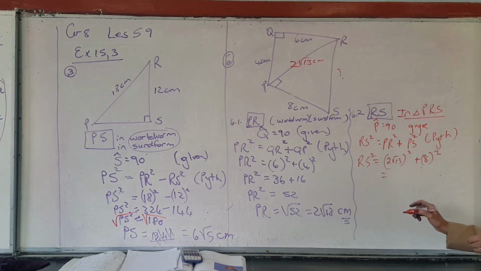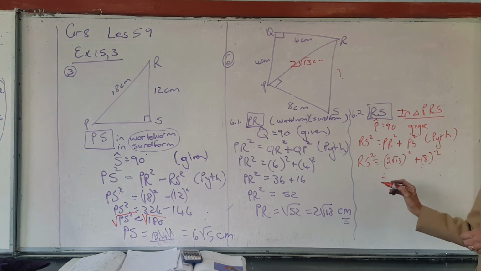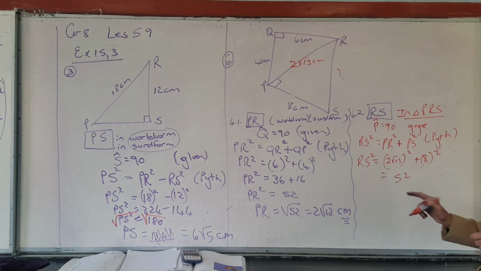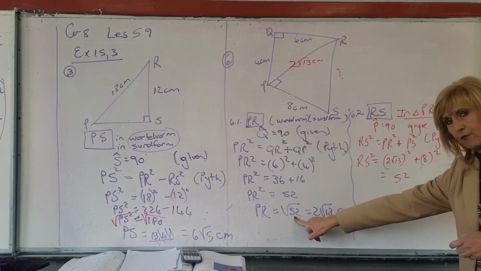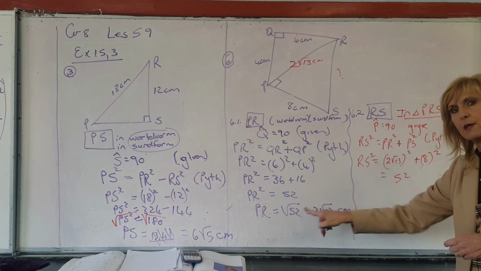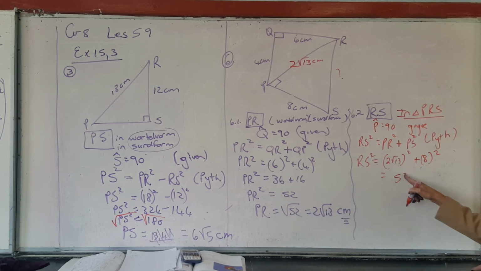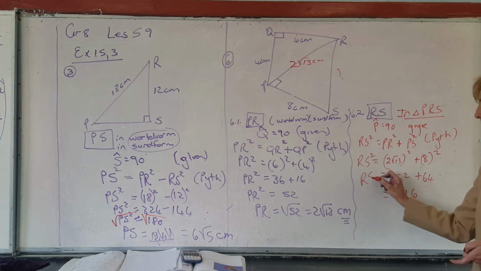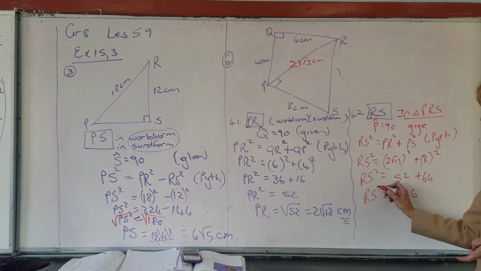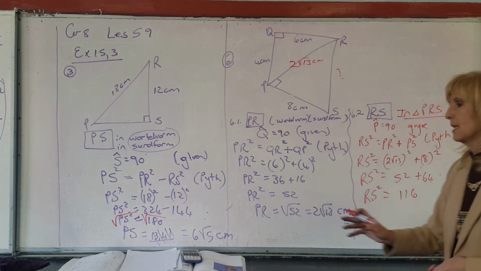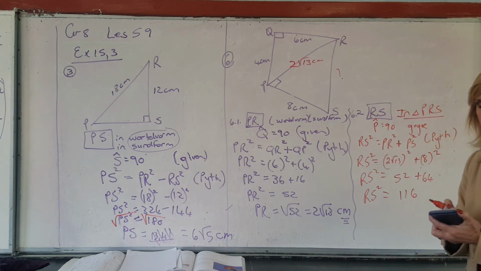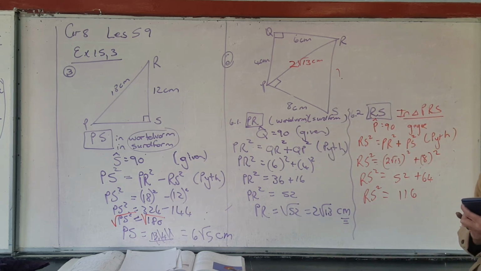En nou gaan ek na my sakrekenaar toe. Think of how a teacher just knows that it's 52 because it's actually that root 52, and if I square it, it's just going to be 52. Calculator will give you 52 as well. En daai antwoord is 64. So that my answer for RS squared, RS kwadraat, is dan 116. Dan vat ek weer my sakrekenaar en ek kry vierkantswortel van 116 en dit gee vir my 2 wortel 29.